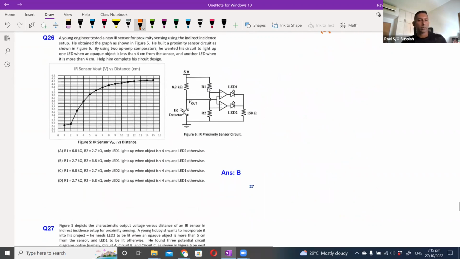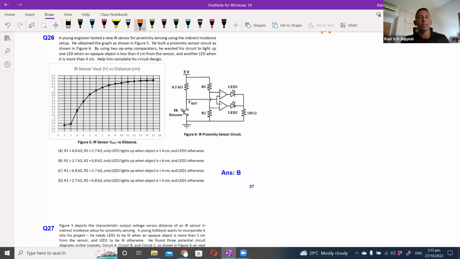Next, question 26. We are supposed to test an IR sensor for proximity sensing using indirect incidence. What you want is to figure out the circuit to activate one of the LEDs based on a distance of 4 centimeter.